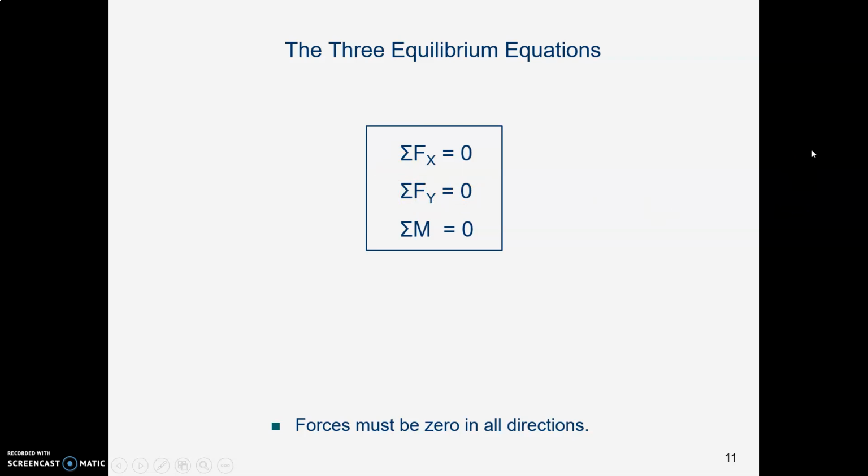They are straight horizontal or straight vertical, and we can figure them out with CAD or with trig, as you have been doing already. So these are what we call the 3 equilibrium equations. They say the sum of all forces in the x direction add up to 0. The sum of all forces in the y direction add up to 0. And the sum of all moments add up to 0.